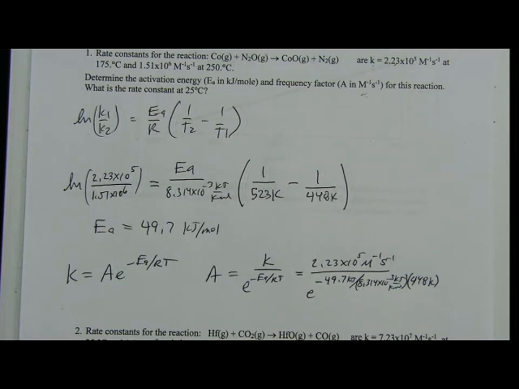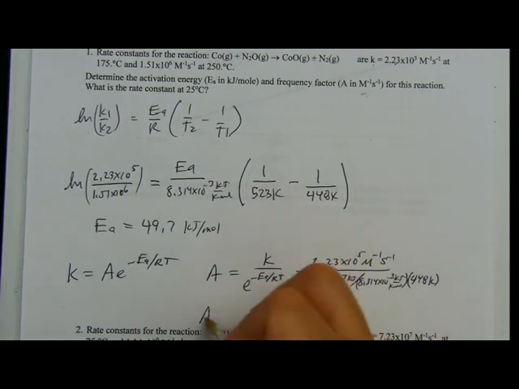All right, divided by e to the minus 49.7 divided by 8.314 e to the minus 3 by 448. 1.39 times 10 to the 11th. That's what I got.